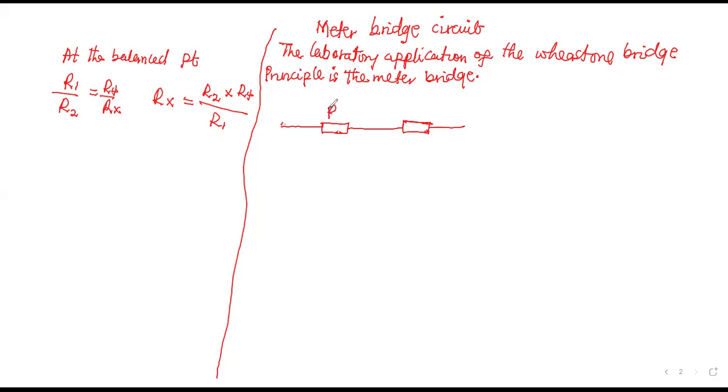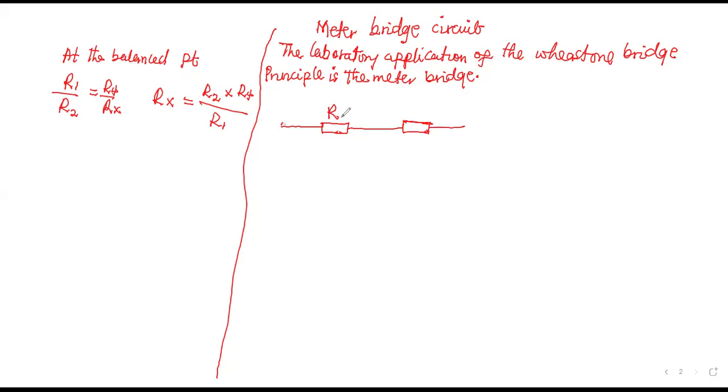R1, let's say R1, or let's represent this by R and P, resistances R and P instead of 1 and 2. Let's follow what we've done before so that you can connect.